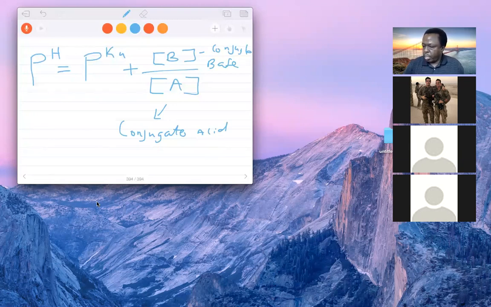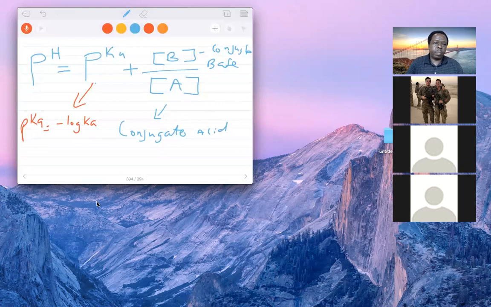Here, pKa is given by the negative log of the Ka value. Just to give you an idea of how to get the pKa from Ka, because in the quiz I may give you the Ka value.